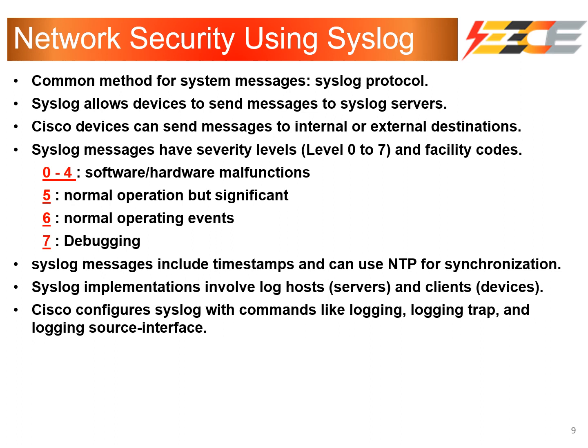In addition, syslog messages include timestamps and can use NTP for synchronization. Syslog implementations involve log hosts or servers and clients, which are the devices. Cisco configures syslog with commands like logging, logging trap, and logging source interface.